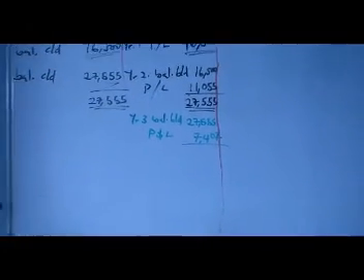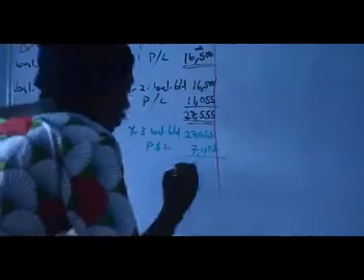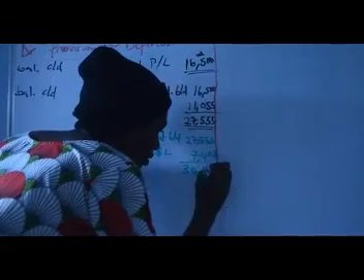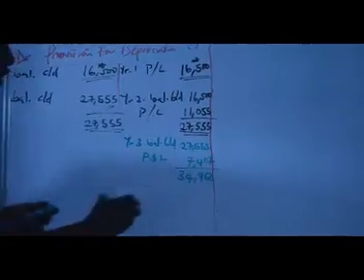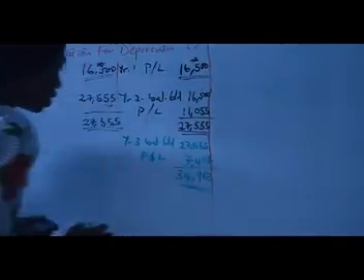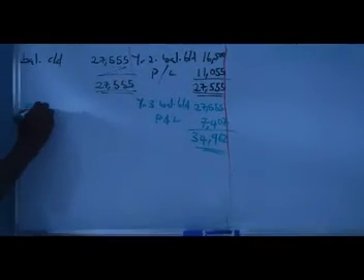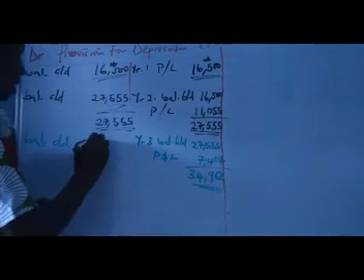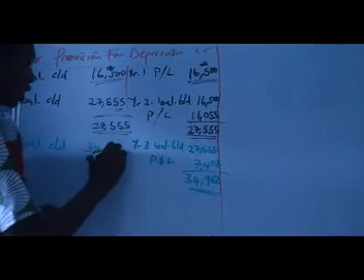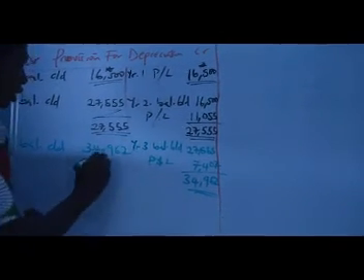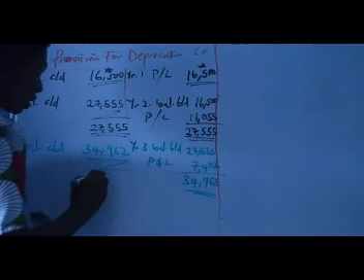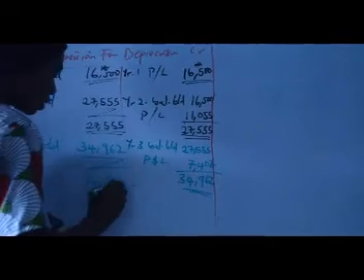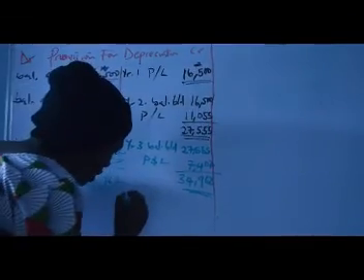And that will be giving us 34,962. So our balance carried down for our third year is 34,962. Okay, if you close this account, 34,962.